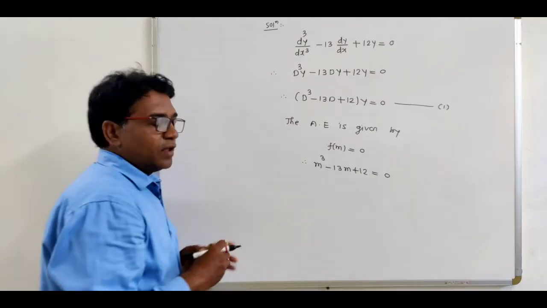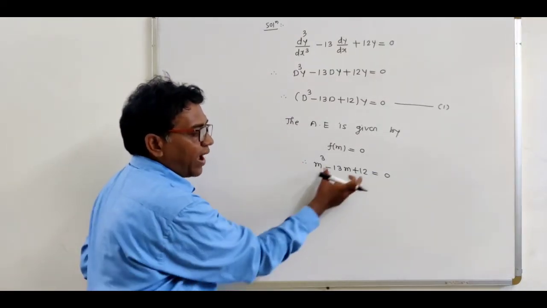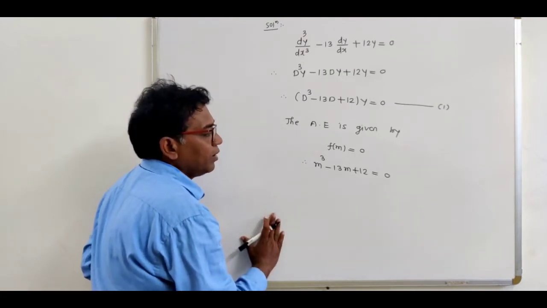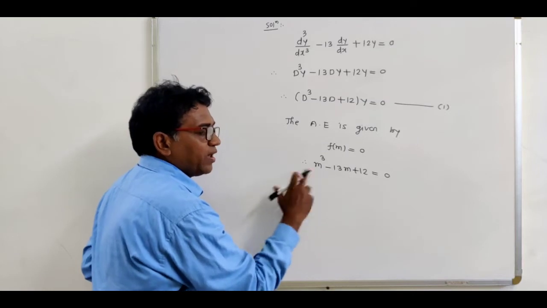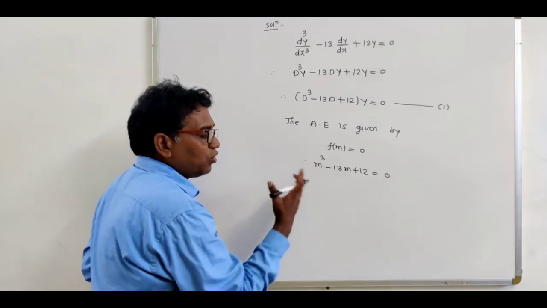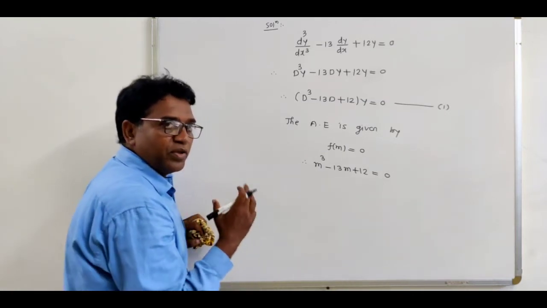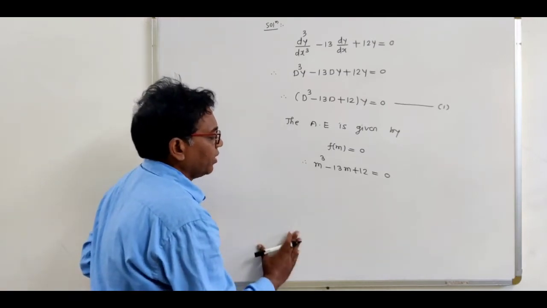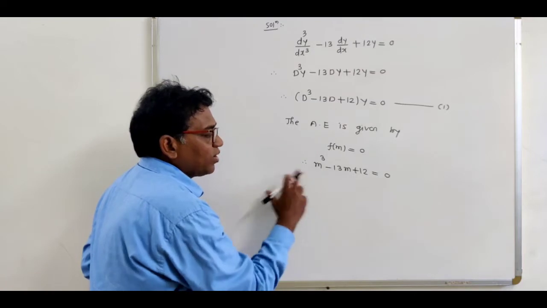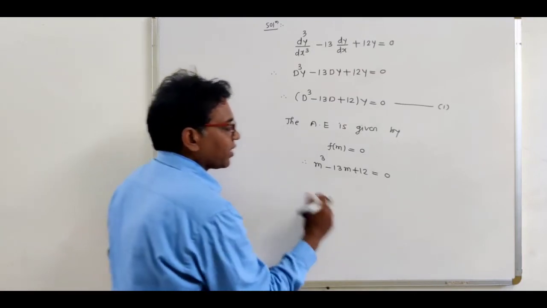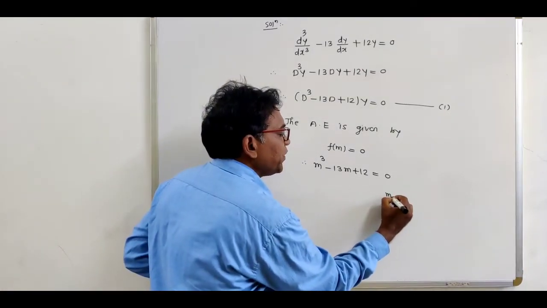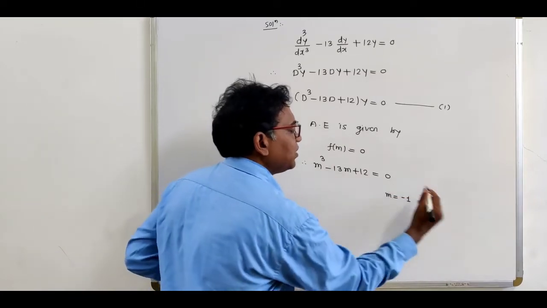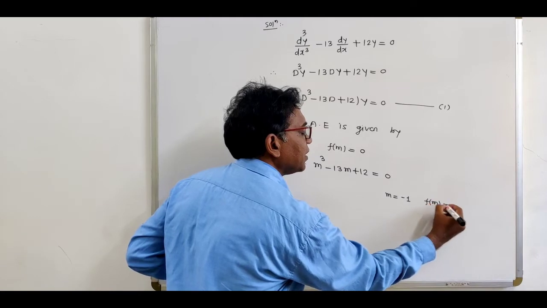Now see what is the next step. Now find out the factors of this auxiliary equation. Now say this is the cubic equation. Now how to factorize the cubic equation? We use the synthetic division method. First we put m equal to minus 1 suppose, and find out this functional value.